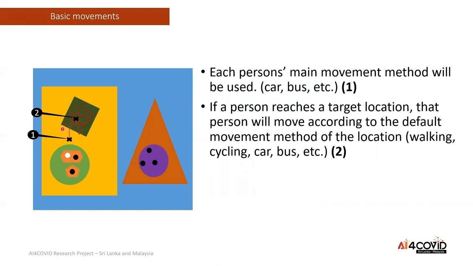For example, if they are in a park, they are more likely to walk, and if they are moving from a park to a commercial zone, they will more likely use a car or a bus. So the two types of movement methods are movement inside a location and movement within locations.